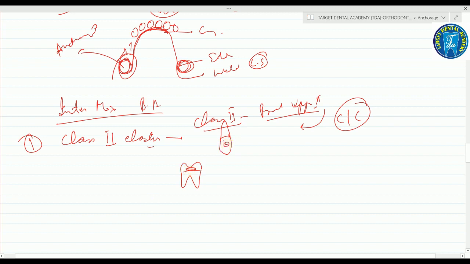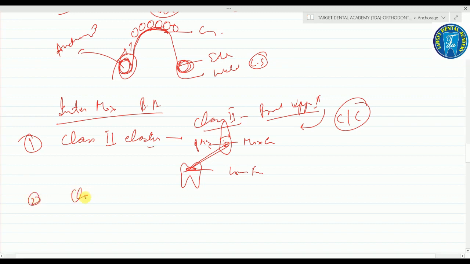So class 2 elastic is, you place an elastic from the upper canine to the lower first molar, from the maxillary canine to the lower first molar. In this way, the elastic helps in distal movement of the canine, or to retract the canine, fine.